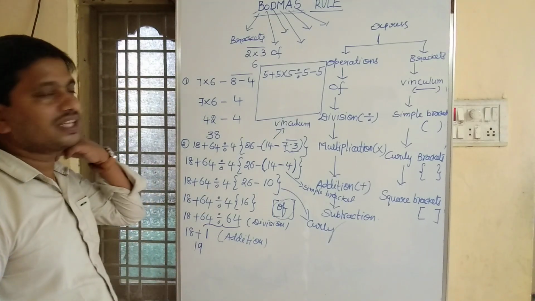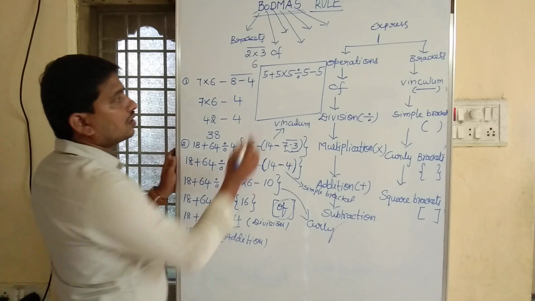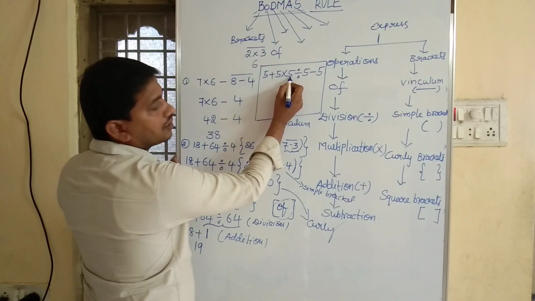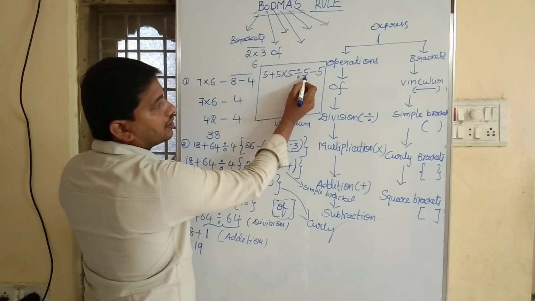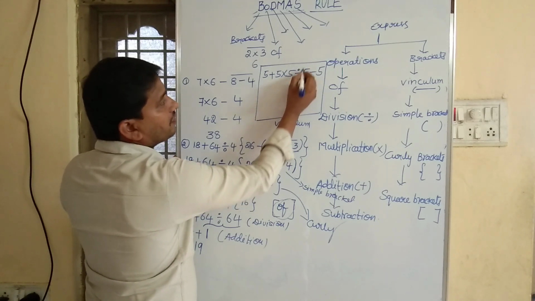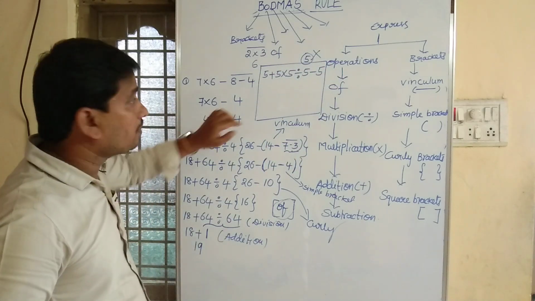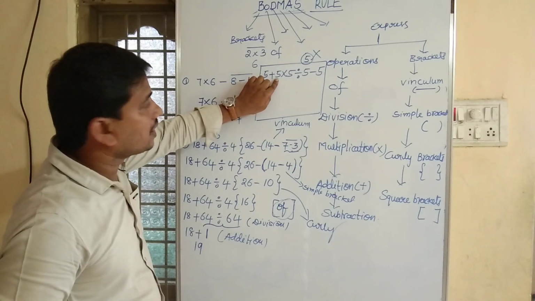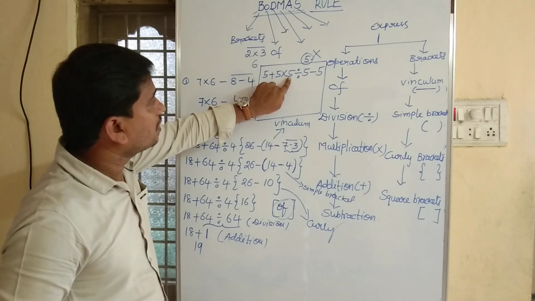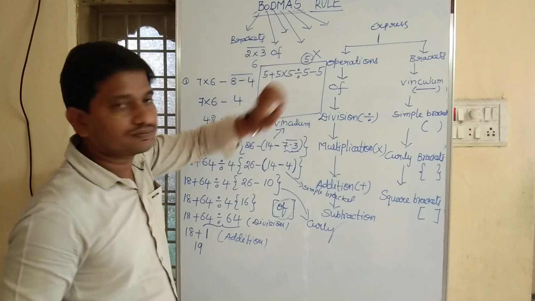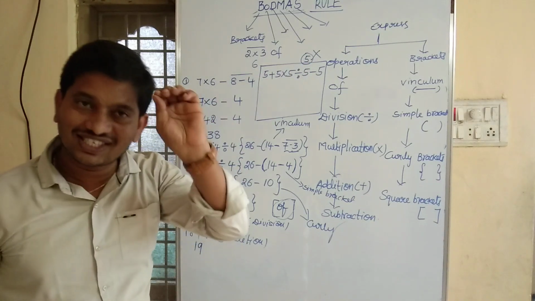When we are solving this, sometimes we will do 5 plus 5, 10, 10 into 5, 50, 50 divided by 5, 10, 10 minus 5, 5. We will say the answer is 5, but this order is wrong, children. Are you understanding my point?